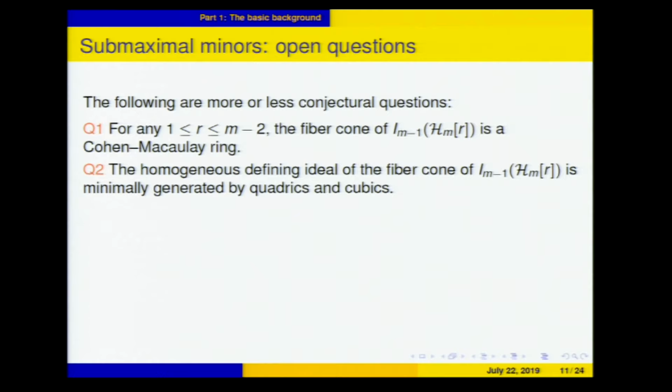The homogeneous defined ideal, the fiber cone, should be, we expect, generated only by quadrics and cubics. This is a typical situation in many other cases which have nothing to do with Hankel matrices, but I think this is the case as well.